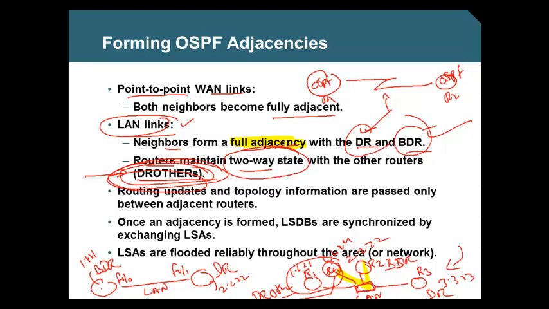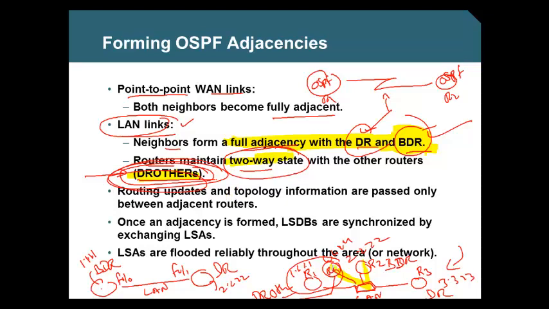So with the manager, everyone will have what? Full adjacency with the designated router, and there is an assistant manager, the backup. We'll talk in detail later. Full adjacency will be only with the designated router, but between the other routers there will be only a two-way relationship.